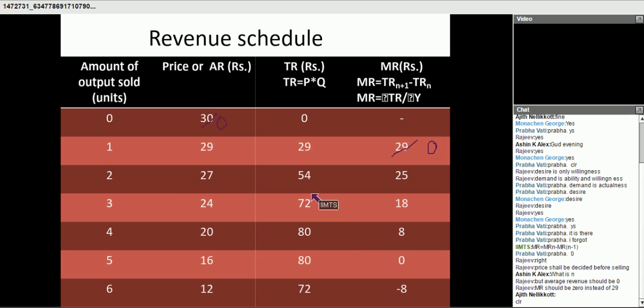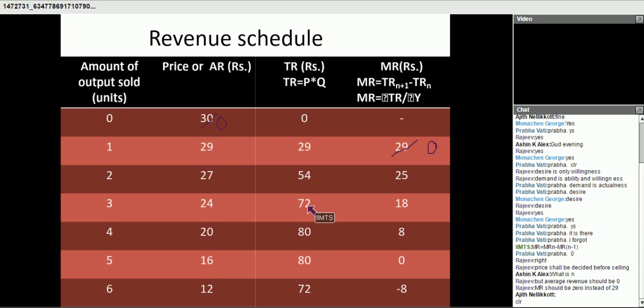Then 72 minus 54, that is 18. For the fourth unit, it will be 80 minus 72, 8. Marginal means addition to the total. It is addition to the total because of one extra unit.